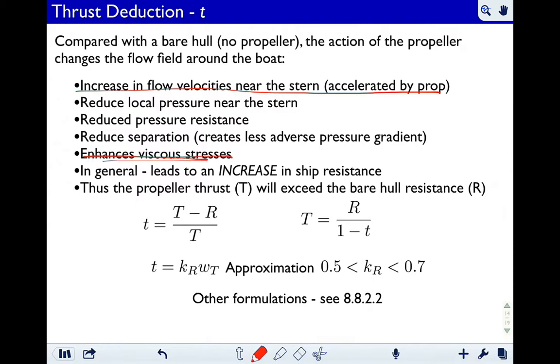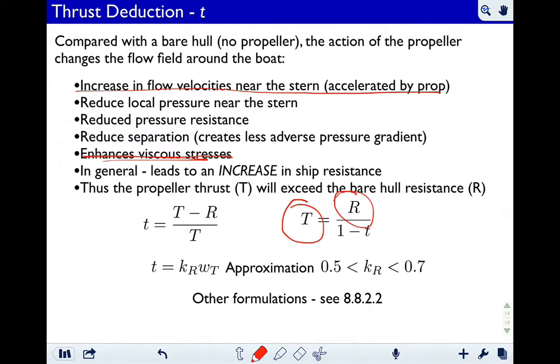You've essentially artificially enhanced the viscous stresses over what they would be without the propeller by having the propeller running and pulling water at a faster speed than it would be without its presence. So ultimately, you need more thrust than the bare hull resistance.